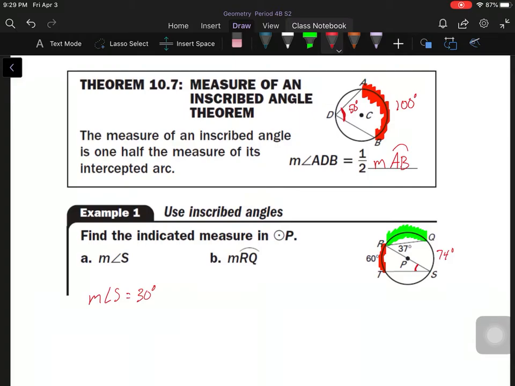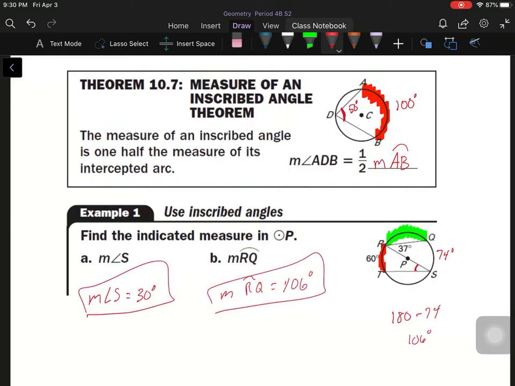And because RS goes through the center of the circle, that means it's a diameter. So if I take 180 minus 74, it's going to give me 106 degrees left for RQ. So the measure of arc RQ, oops, not angle RQ, is going to be 106 degrees.